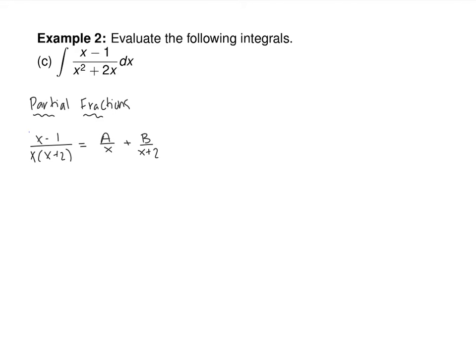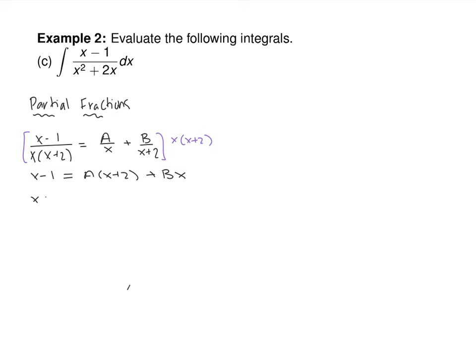Now we multiply this expression by x times x plus 2, and that gives us x minus 1 equals a times x plus 2 plus bx. And if you're lucky, at this stage you can plug in clever values of x to determine what the values of a and b are.